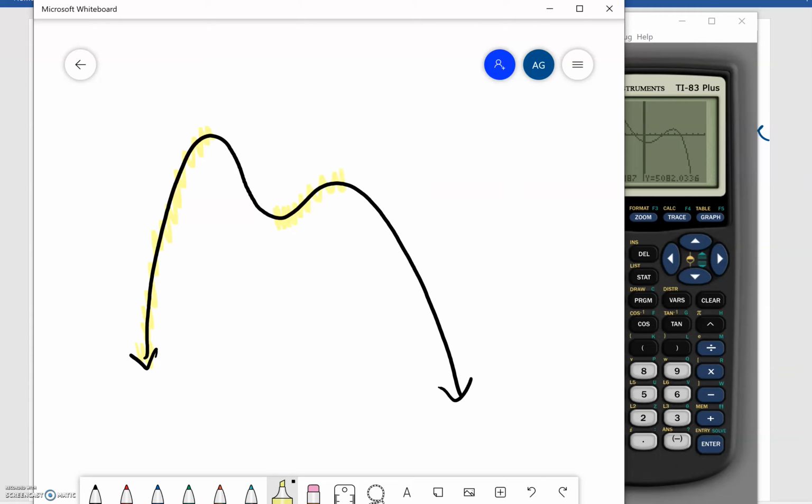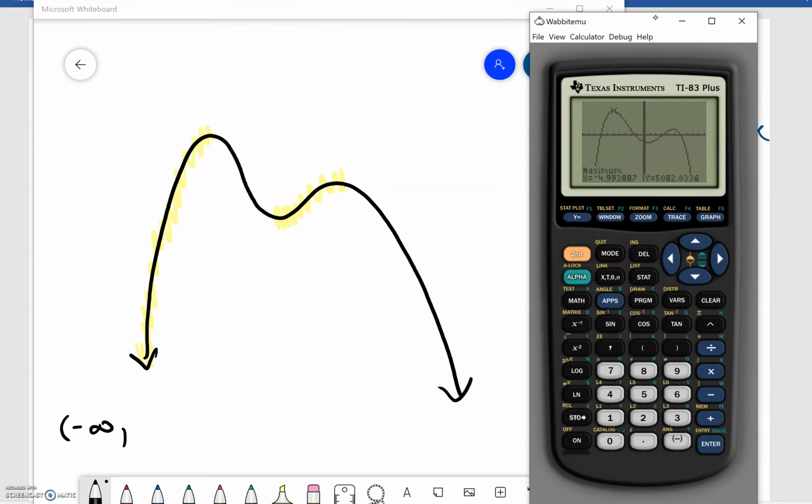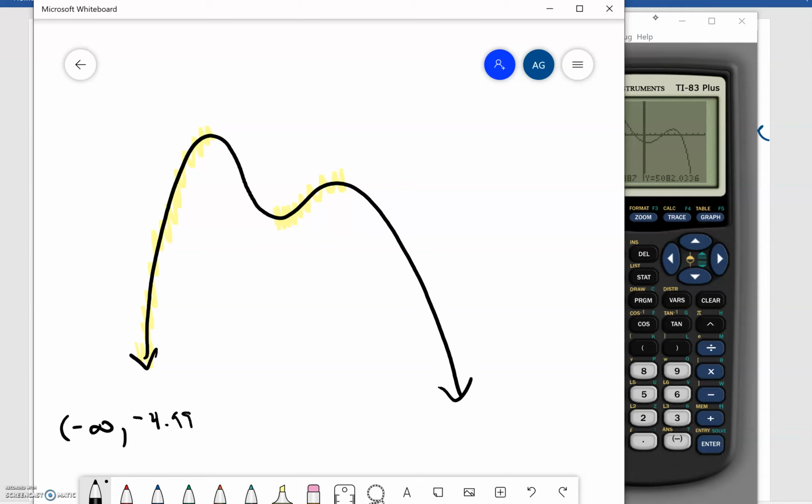So that's going to be from negative infinity up to that x coordinate of the maximum, which we actually know to be negative 4.99, and then union, and notice that's the x coordinate, and then here I need to put whatever that x coordinate is up to that x coordinate, which I was too lazy to find, but it's going to be that minimum value, that x coordinate minimum, and that maximum.